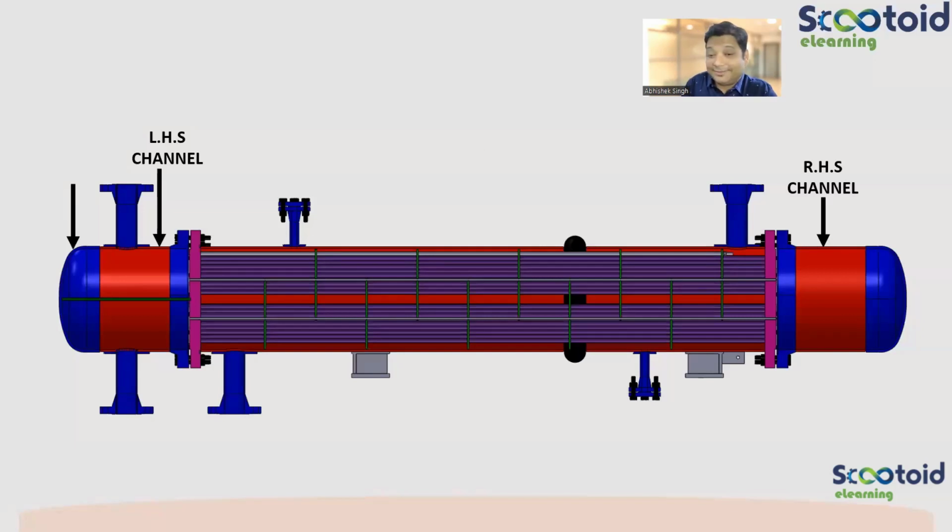Now the new arrow, I hope you can see this. This one. What is this part? First you can tell the generic name of it and then specifically related to. It's a cap, head, left-hand side head. Great. It's not a head now.